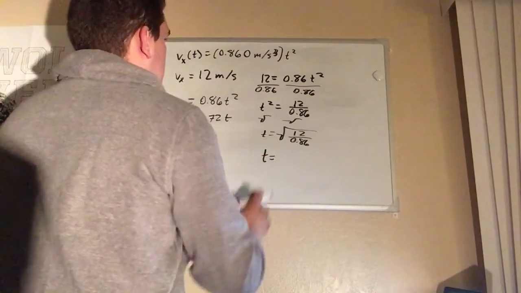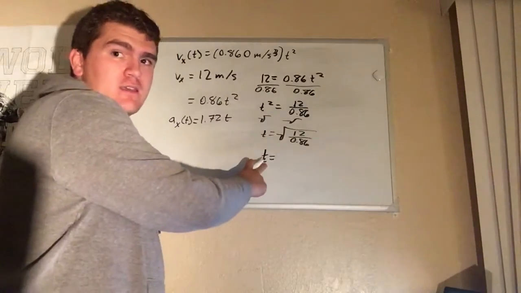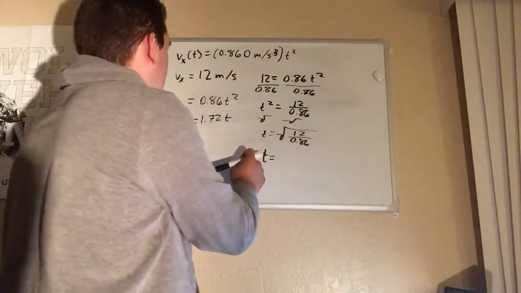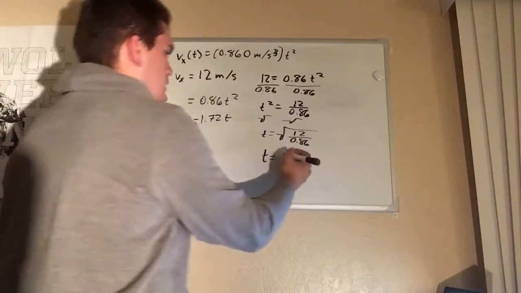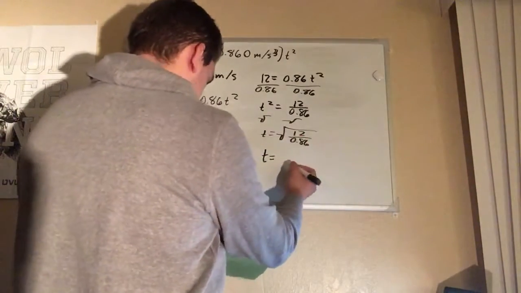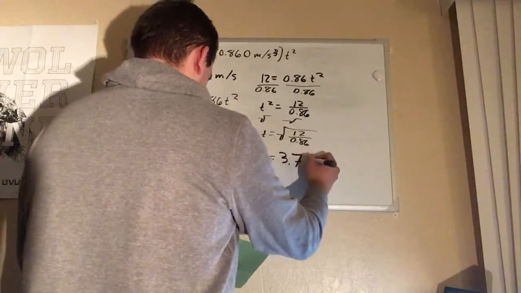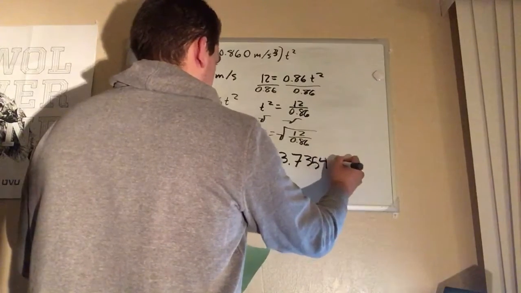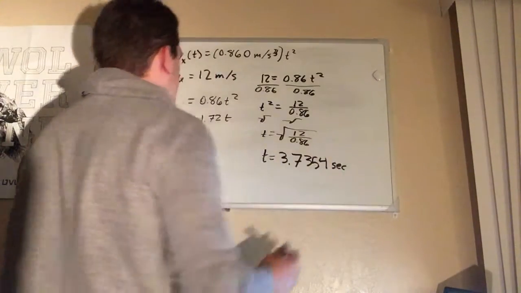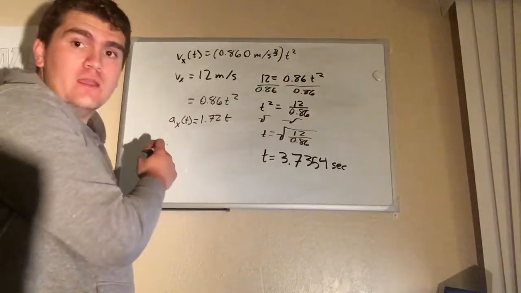This t is the time when the velocity is equal to 12 meters per second. Just to clarify, t is equal to 3.7354 seconds. So now we can plug that into our acceleration function.